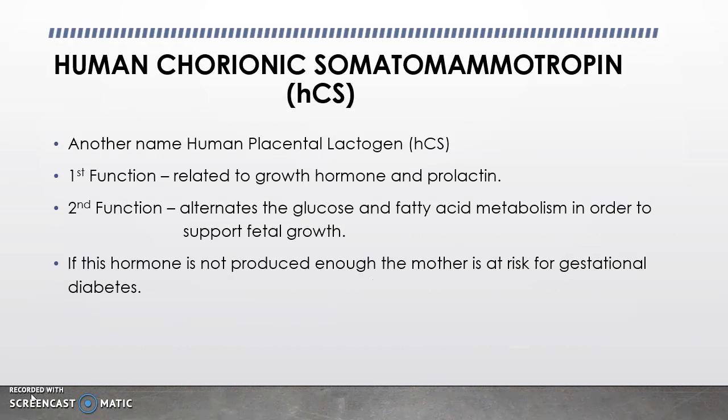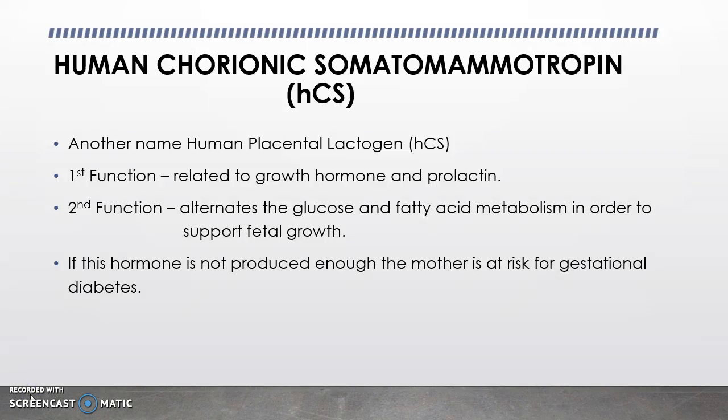The HCS hormone has another name, the human placental lactogen hormone. The first function is related to the growth hormone and prolactin. The second function alters the glucose and fatty acid metabolism in order to support fetal growth.